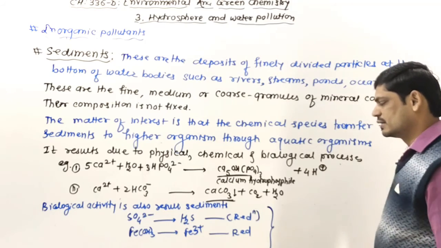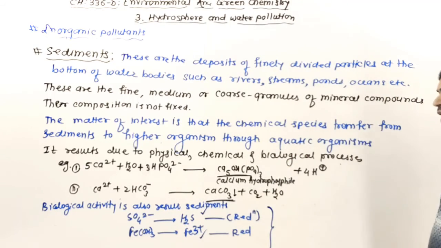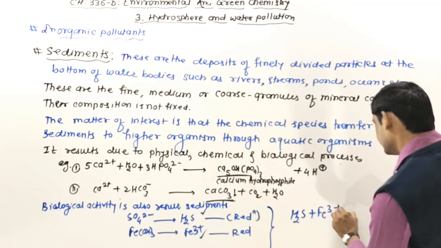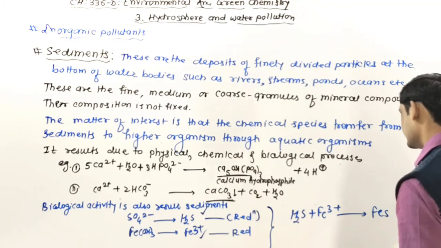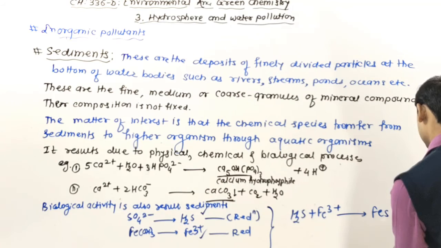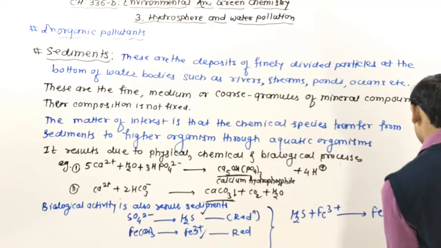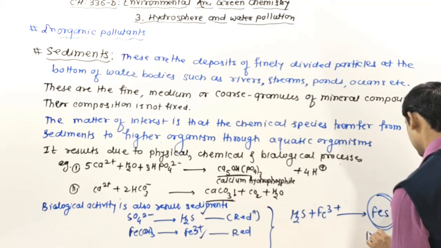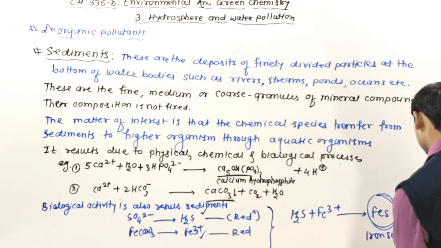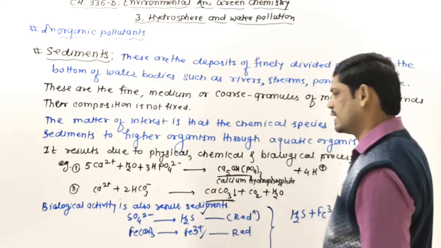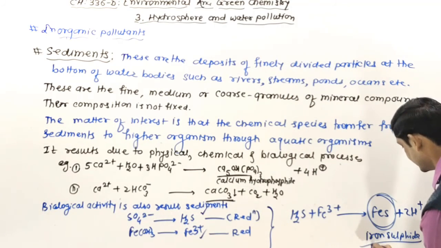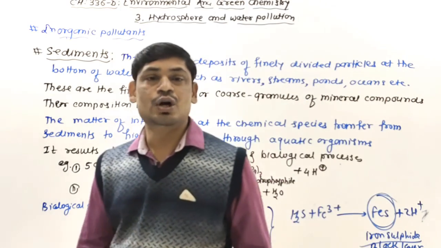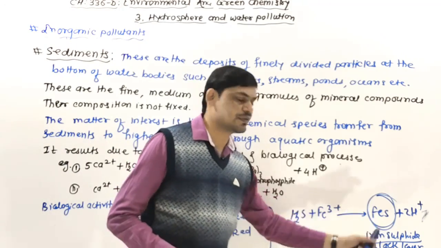The net result is that these H2S and Fe2+ combine together and give the corresponding FeS plus twice H+. This is the formation of iron sulfide, a black colored layer.